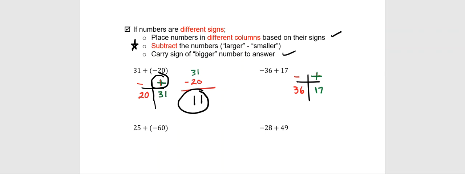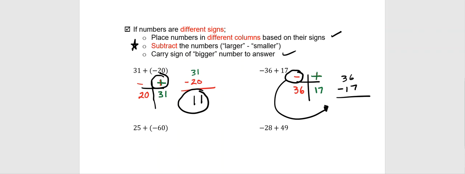I'm going to make sure to recognize that because my bigger number is negative, that's going to be the sign of my number. And now I will simply subtract big minus small. And once I'm done, I will make sure to carry that sign down to my answer. So I know I will have a negative answer when I'm all done.